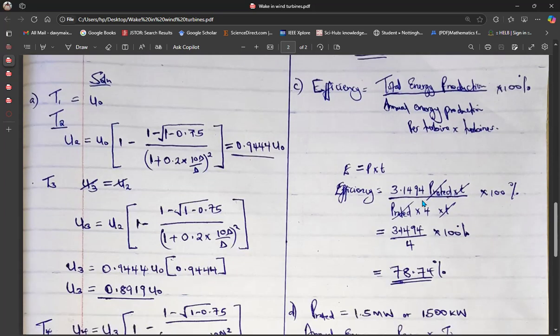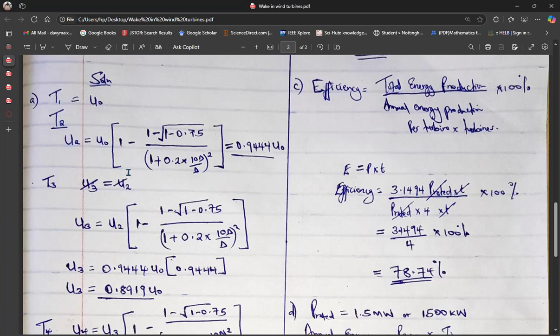So as I said, the first wind turbine gets U0. So there's no calculation there. But when we go to the second turbine, U2, now we are using Jansen's model.